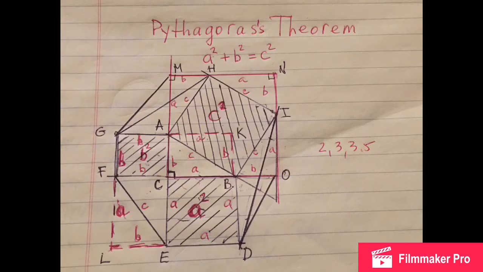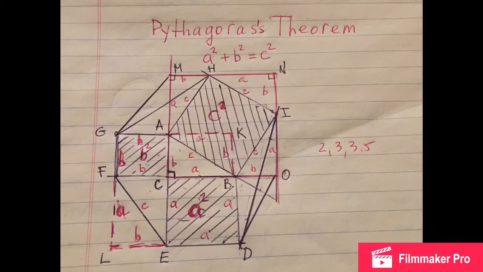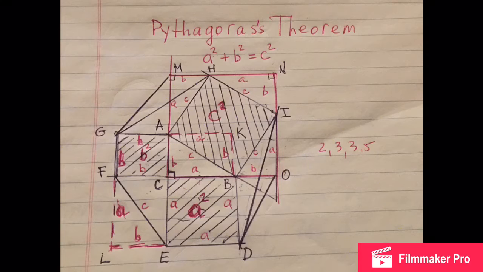The area of CFGA equals b squared, and the area of AHIB equals c squared. Now we have to prove that the sum of the areas of the squares on the legs a and b equals the area of the square built on the hypotenuse c.